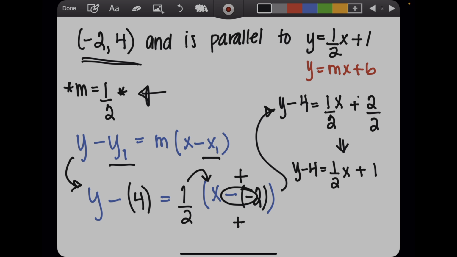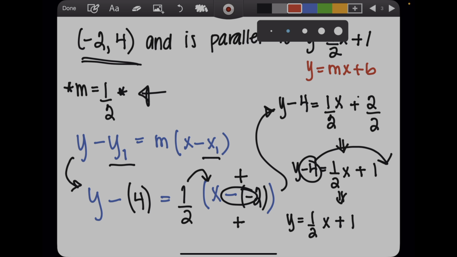We are almost done. All we have to do is take this 4 to the other side of the equation, which would be y equals 1/2 x plus 1 plus 4, because we changed the sign since we're taking it to a new side of the equation.